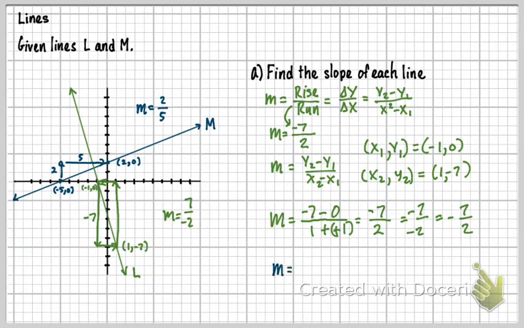So that's going to be m equals y2 minus y1 over x2 minus x1. So then that's going to be these 2 points here. So I'm going to call 2, 0, x1, y1. And I'm going to call -5, 0, x2, y2.